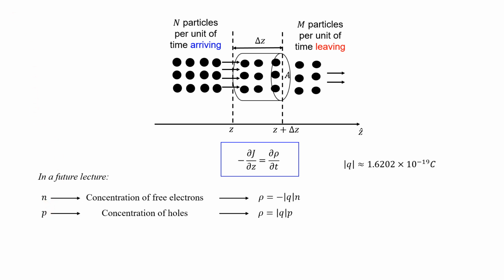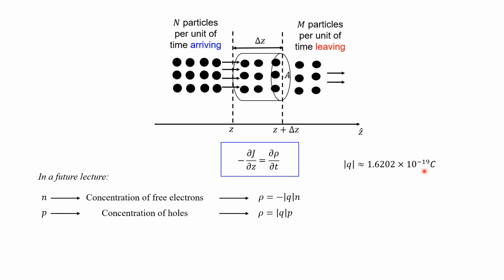So if we're dealing with a concentration of free electrons, then we can express the concentration of charge in terms of the concentration of electrons using the fact that each electron carries an elementary charge. And to avoid confusion with the sign, I'm using the magnitude of q here.